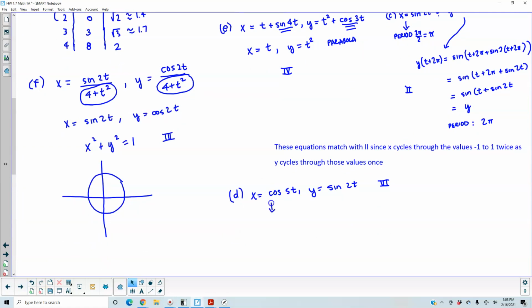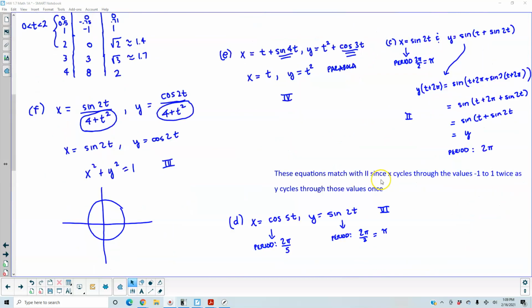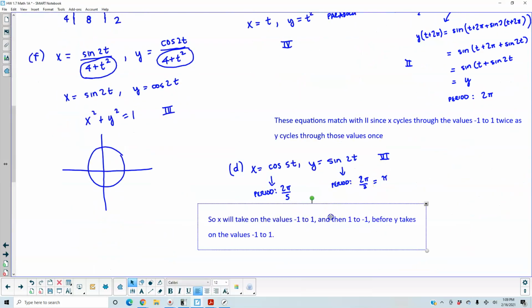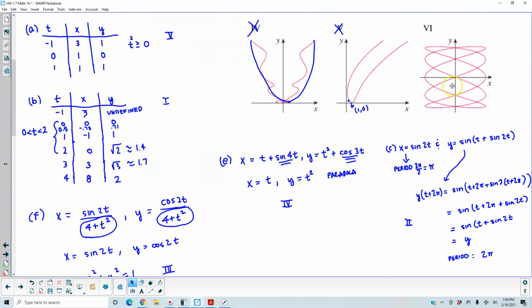Let's take a look at the x equation. We can see that the period here is going to be 2 pi over 5, whereas the period for y here is going to be 2 pi over 2, which is equal to pi. And so we're matching that with number 6. And so x is going to take on the values from -1 to 1, and then from 1 to -1, before y takes on the values from -1 to 1.